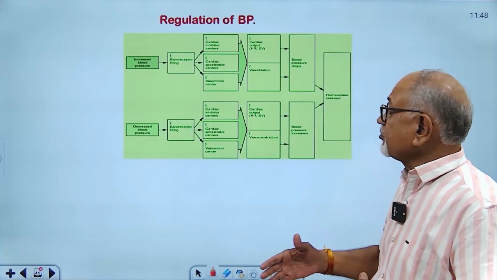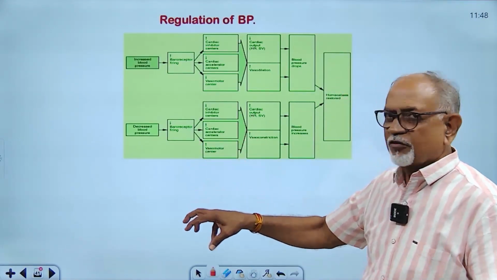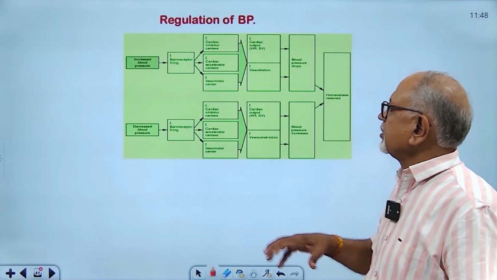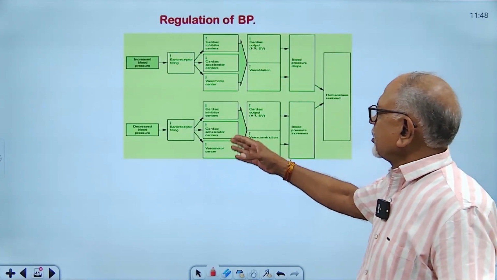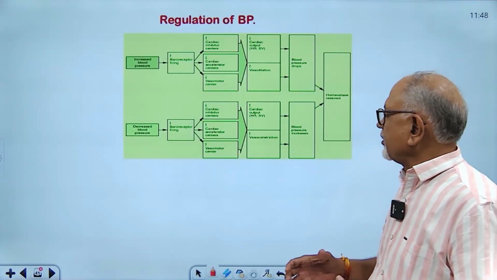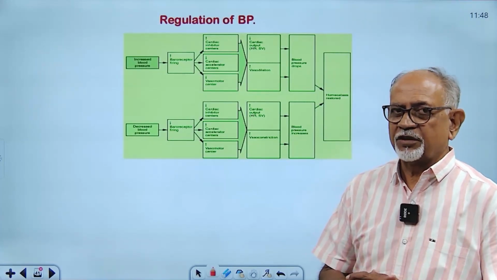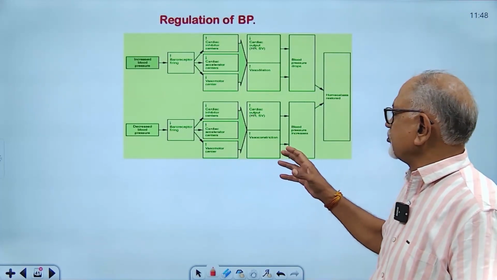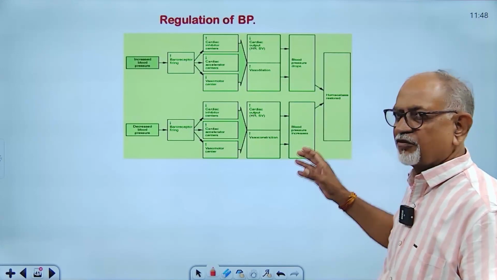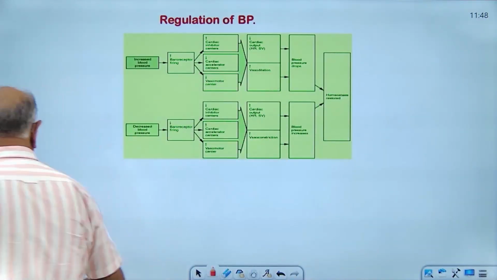In the other case, when the blood pressure is low, then the cardiac center increases the heartbeat, and the vasomotor center is also stimulated so as to increase the blood pressure, and thus the homeostatic condition of blood pressure is maintained.